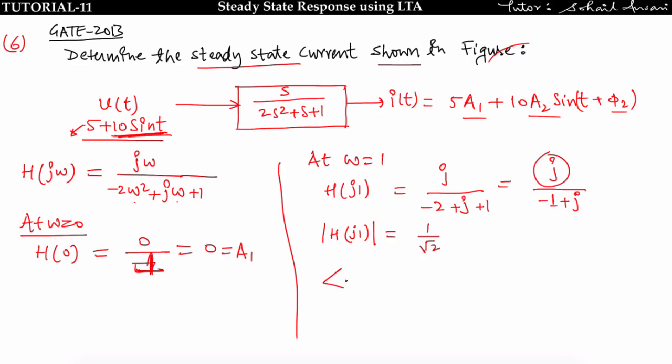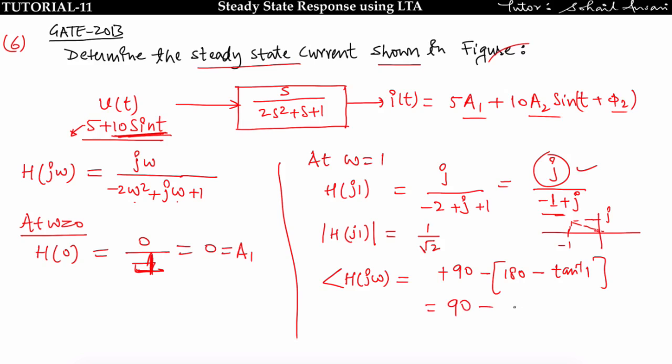And the angle of H(jω) at ω is equal to 1 is given by 90 minus... see, this is minus 1 plus j, so this is in second quadrant. So this will be measured from minus 180 minus tan inverse 1, which gives 90 minus 135, that is equal to minus 45. This is my φ2, this is my A2. So put the value of A1, A2 and φ2 in this equation, you will get the response.